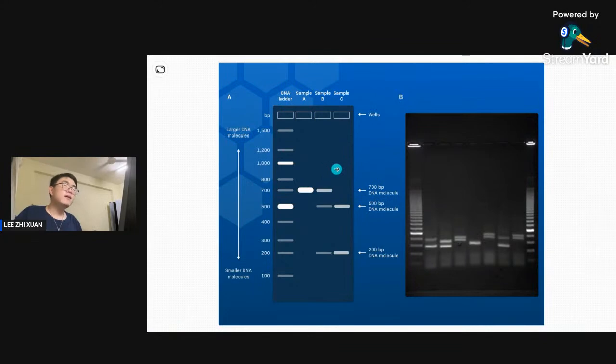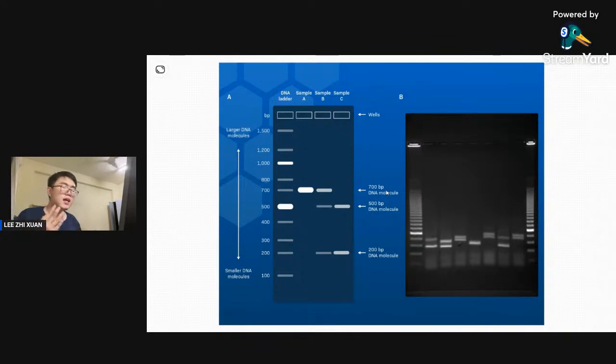Normally, for the separation of DNA we use agarose gel electrophoresis. Gel electrophoresis is only the general name. There are many types of gel electrophoresis nowadays.